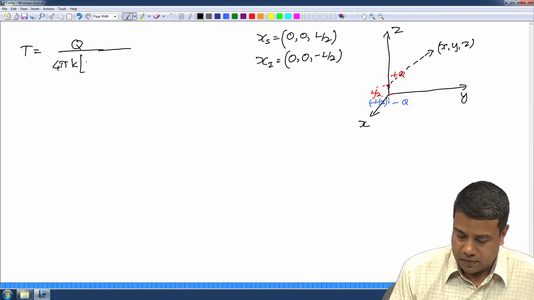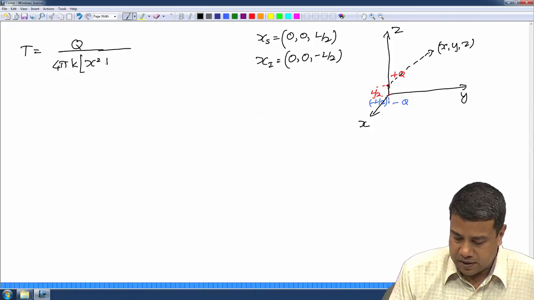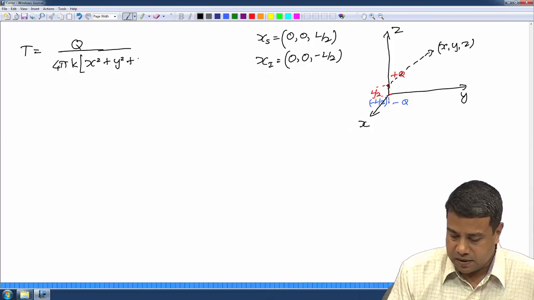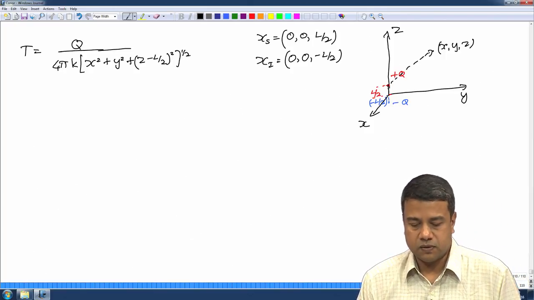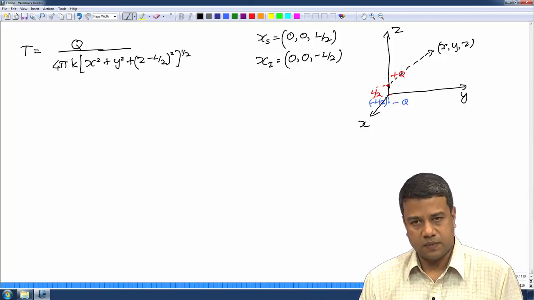So, this is going to be equal to the square root of x square plus y square plus z minus L by 2 the whole square. So, that is the temperature due to the presence of the source. The sink has strength minus q.